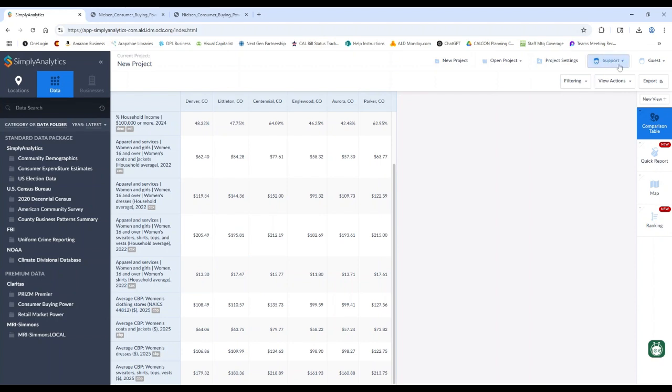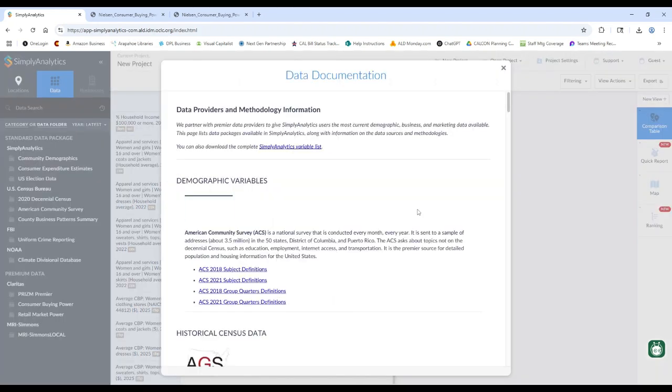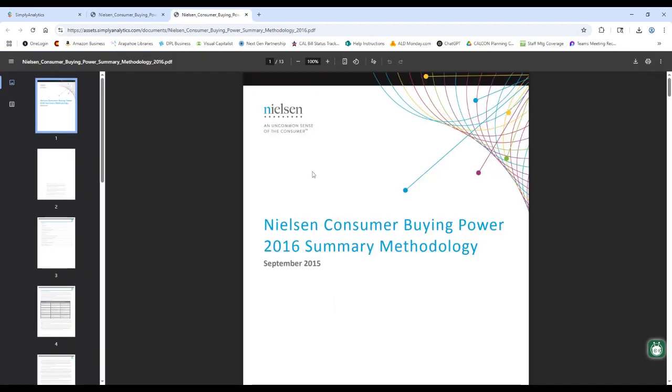Well, if you want to find the information on that data, you can come up here to the support button in the top right and go into data documentation. And if you scroll on down to nearly the bottom, you'll find it. But I have pulled up two of the most helpful things. So first off, you can find a methodology document.